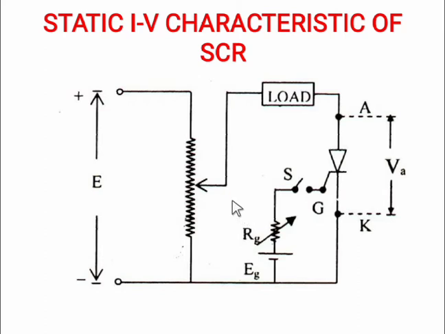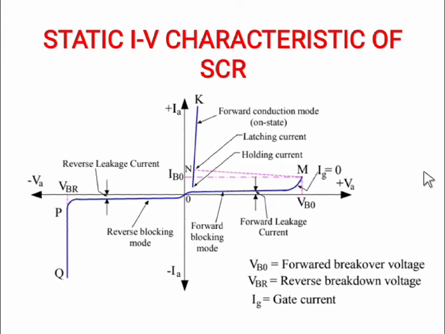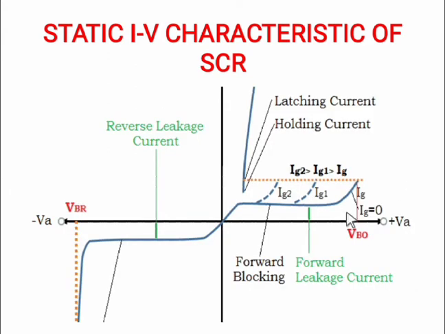Now if we apply gate signals, with magnitude of Ig equal to 0, as we previously saw, the SCR will turn on at VBO. If we increase the gate current from Ig to Ig1, it will turn on at some lesser voltage than VBO, which is this voltage.